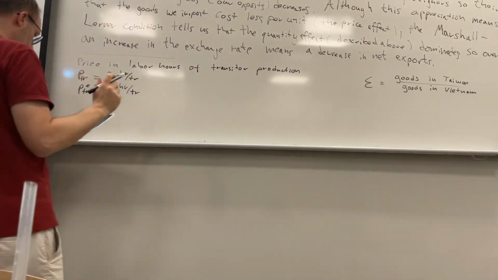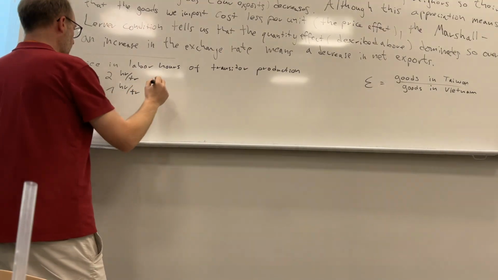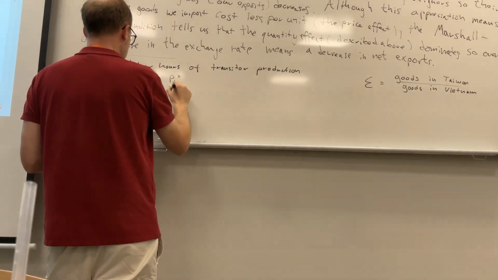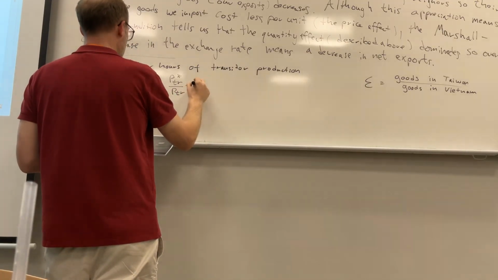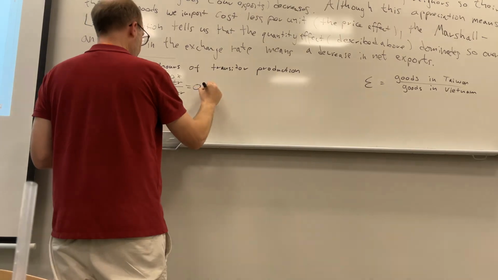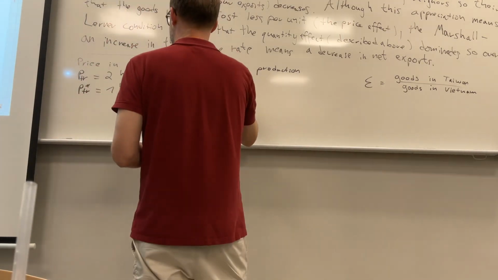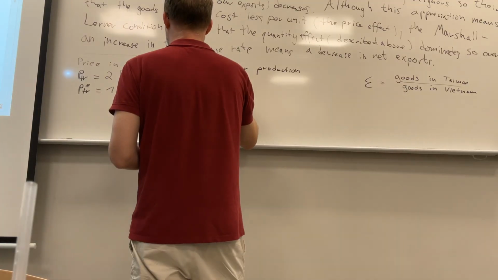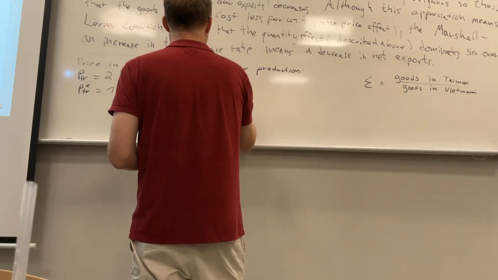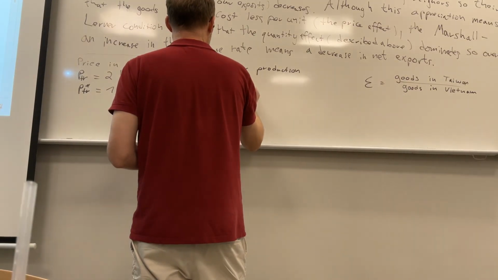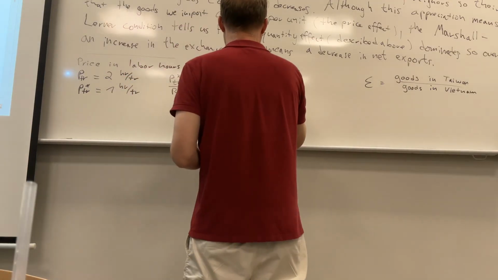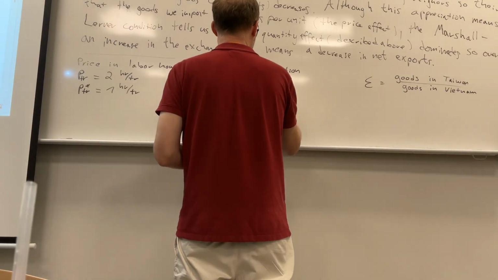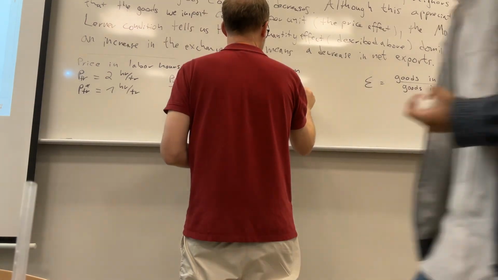If we write them as TR star over PTR, we get 0.5, and this is in hours per transistor in Taiwan over hours per transistor in Vietnam, so 0.5 Vietnamese transistors per Taiwanese transistor.